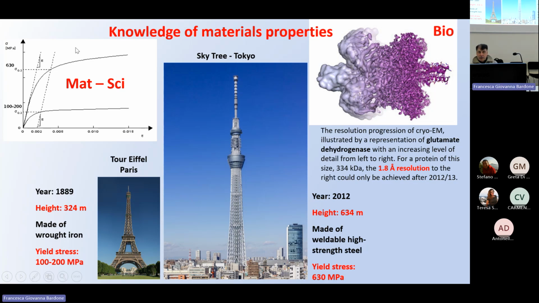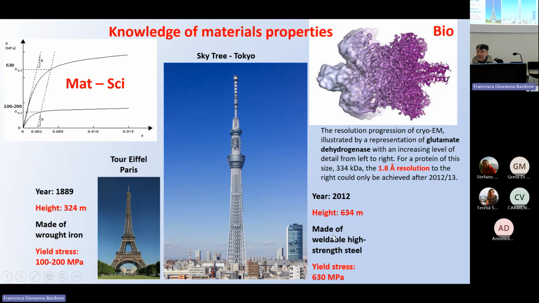This is related to how the material behaves as a function of mechanical properties, like, for example, tension or compression. Now, Sky Tree in Tokyo is about 600 meters, also metal. This is wrought iron, and this is steel, high-strength steel. Both are metals made of iron.